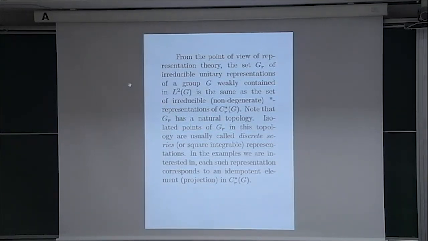And in this topology, for example, there are some discrete points which correspond to discrete series representations, which are called square integrable representations. I will give some examples, so I don't want to go into very precise definitions, but you will see in examples how it works for some reasonable groups.